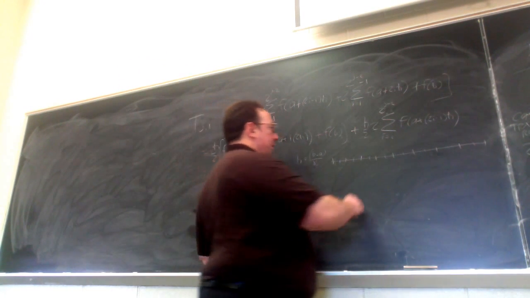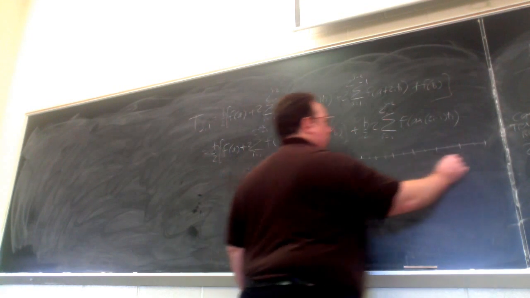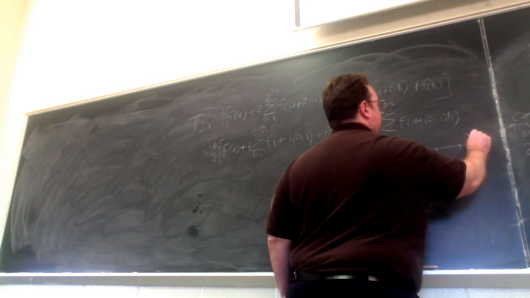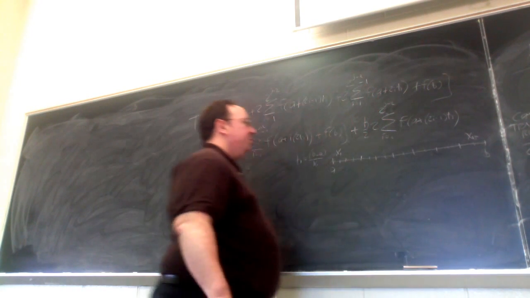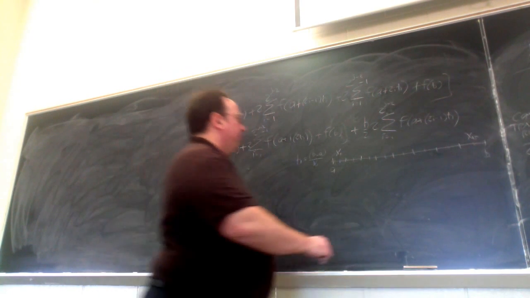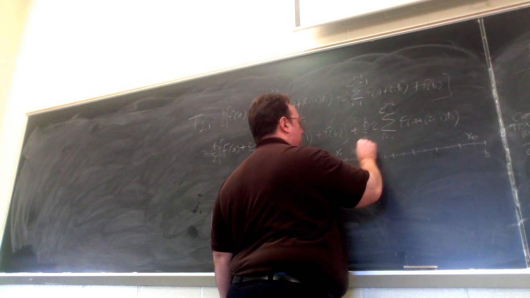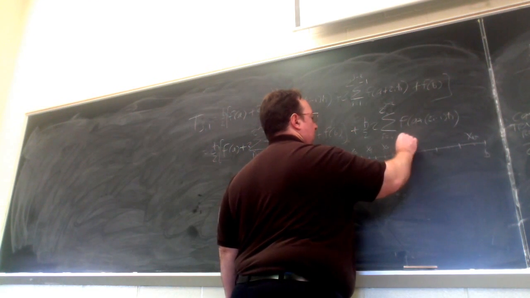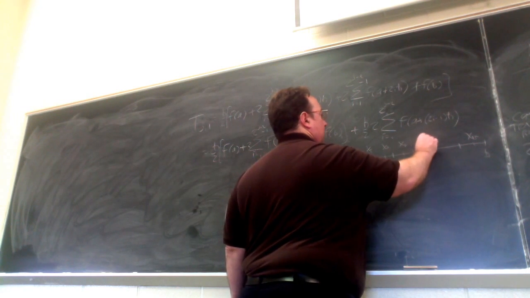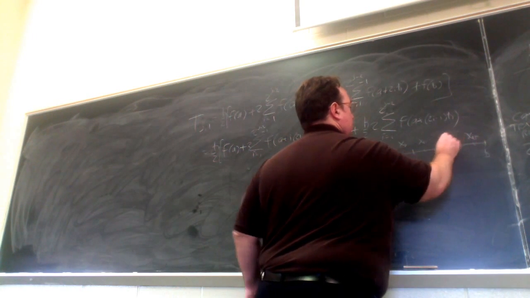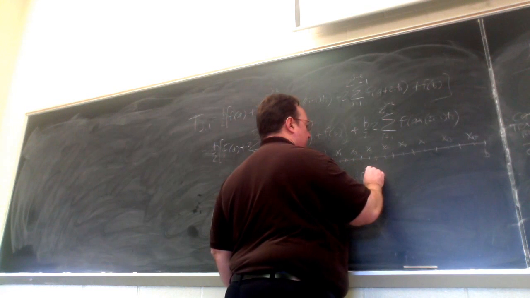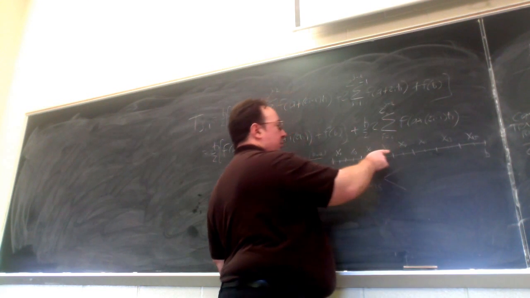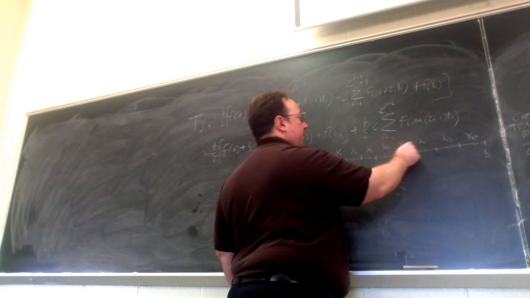So I have x1 up to x15. I have 15 interior points. But then if I look at the odd numbered ones, how many odd numbered ones do I have? 1, 2, 3, 4, 5, 6, 7.